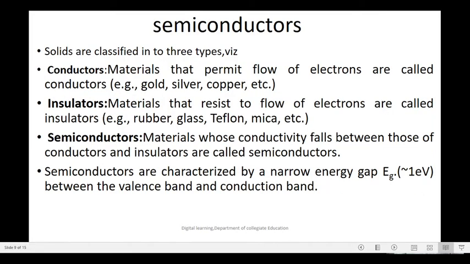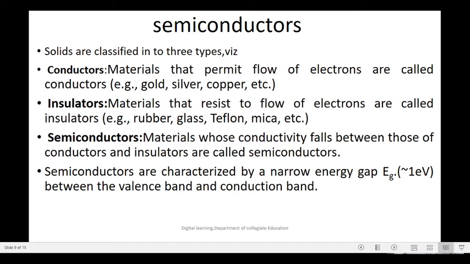Semiconductors. Solids are further classified into three types, viz. conductors, insulators and semiconductors. Conductors are the materials that permit flow of electrons. Examples: gold, silver, copper, etc. Insulators are the materials that resist the flow of electrons.